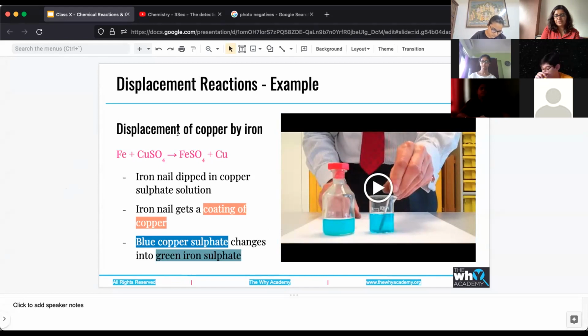Now copper sulfate was originally blue. Once the reaction happens, it turns into green colored iron sulfate. Okay. So if you have noted the reactivity series down, we'll do a few more examples, like practice of the displacement reactions.